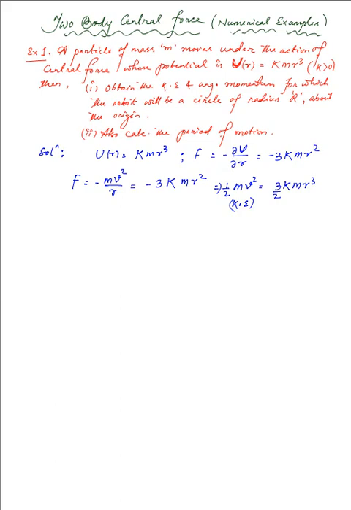As far as the angular momentum is concerned, we have mvr as its expression, which is equal to mr times v. Because we have the expression for kinetic energy, from that we can obtain the value of v. The m's cancel out on both sides, the 2's cancel out, and in the denominator we have 3, so v is the square root of 3kr cube.